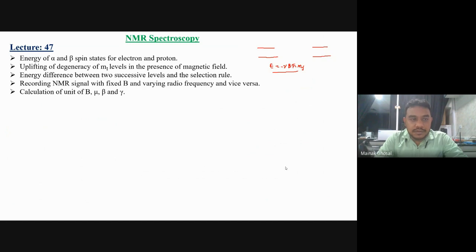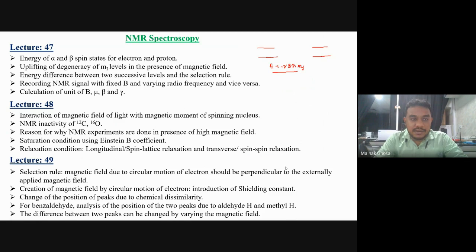First of all, I am going to explain this. Using the Hamiltonian and the Schrodinger equation, H psi equals E psi, you get the energy. The expression is minus gamma B H cross into mj.